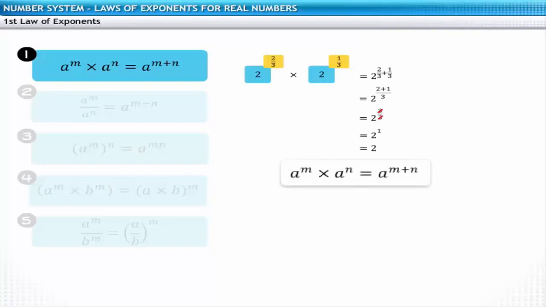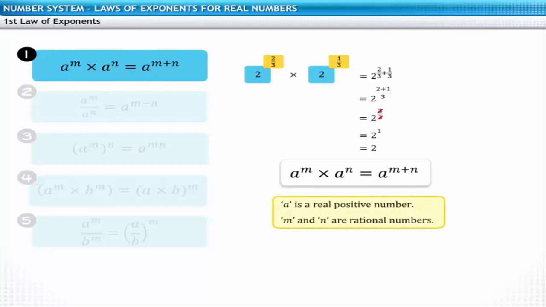Based on these examples, we can generalize the first law of exponents. This law states that when multiplying two numbers that have the same base, you can add the exponents. Here a is a real positive number. m and n are rational numbers.